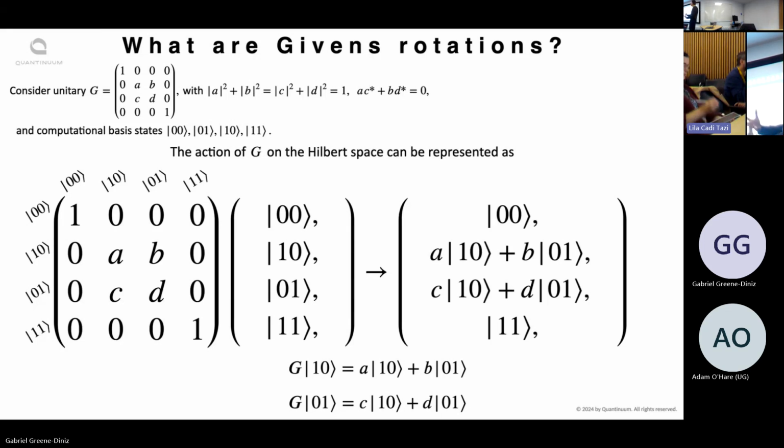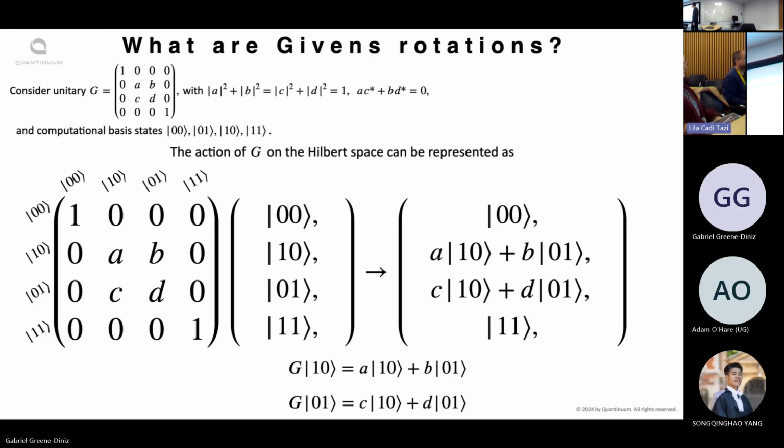Schematically, you have some state vector and you apply this Givens rotation unitary to it. The result shows you how and why Givens rotations are particle conserving, because they will only mix basis states in the state vector that have the same number of particles. The whole state vector is spanned by all of these basis states, so it can't mix this one with any other one, because all the other ones have different numbers of particles.